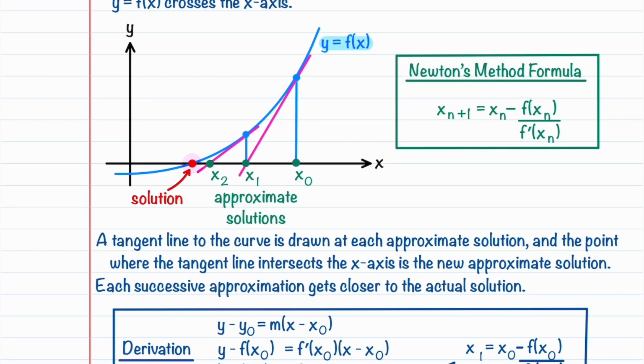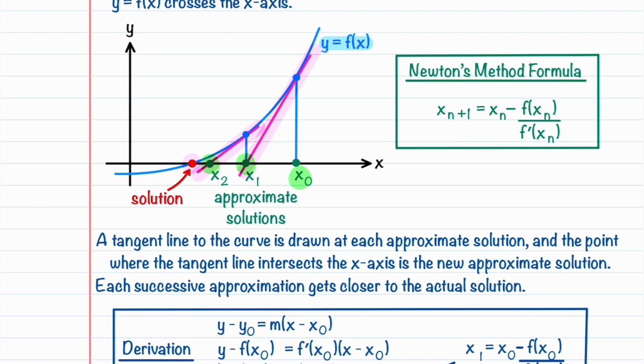To find an approximate solution, you start with an initial approximation, usually labeled x sub 0, and then you draw a tangent line to the curve at that point, and the point where that tangent line crosses the x-axis is your new approximate solution. And you continue that process, and the approximations get closer and closer to the actual solution.